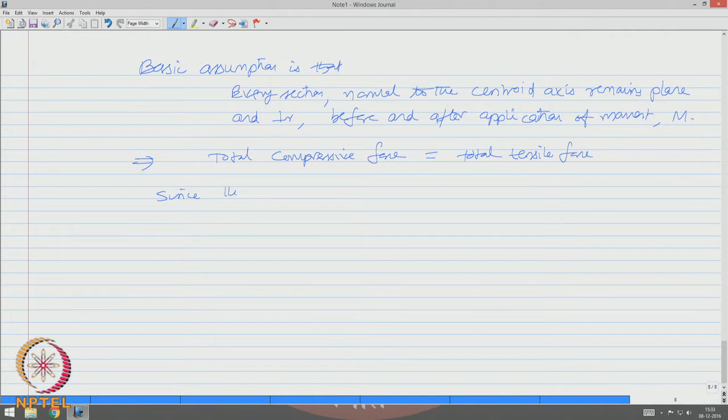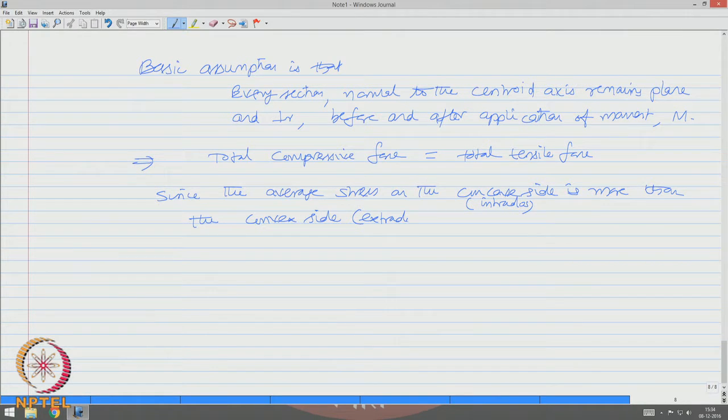Since the average stress on the concave side is more than the convex side, concave side being the intrados and convex side the extrados, we see that the neutral axis shifts towards the center of curvature.